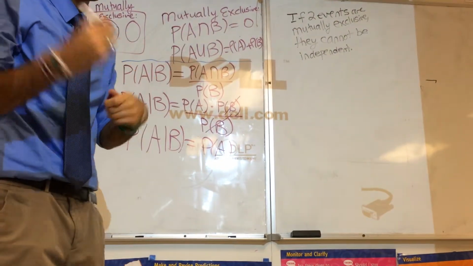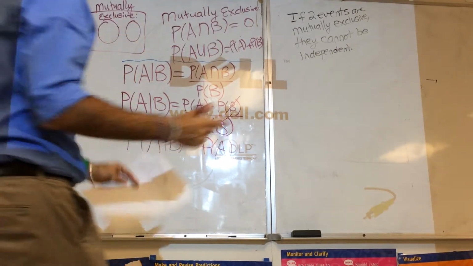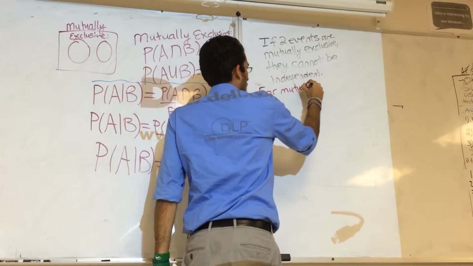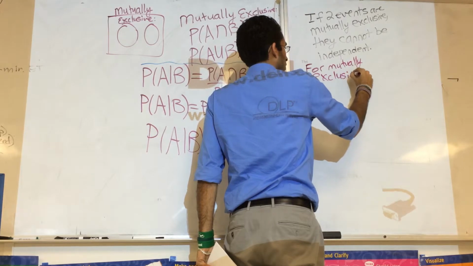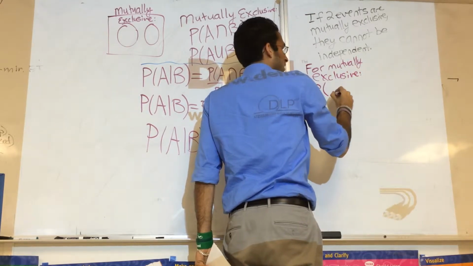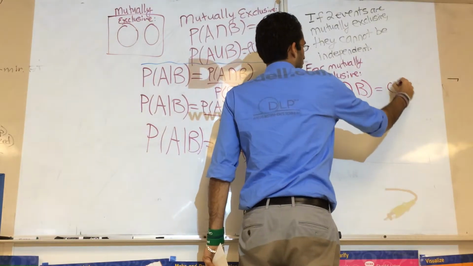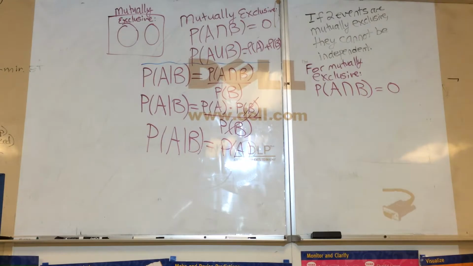And let's prove why this is the case. For mutually exclusive events, the probability of A and B equals 0. That we know. That's a fact. It can't possibly be anything else. They can't happen at the same time.